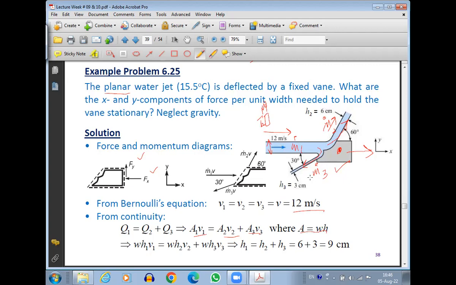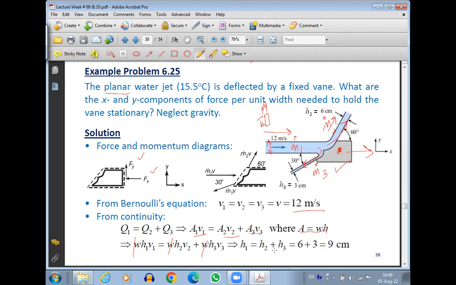So W is the same throughout. The equation becomes W H1 V1 equals W H2 V2 plus W H3 V3. The W's cancel throughout, and the velocities are already the same, so they can also be taken common and cancelled out.